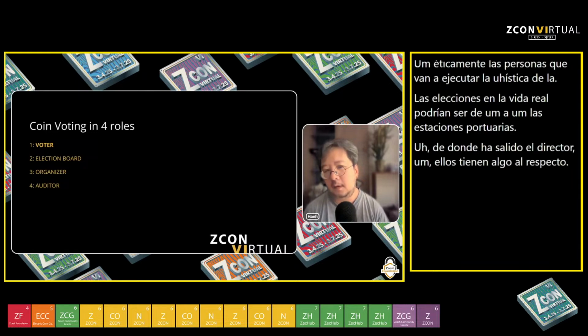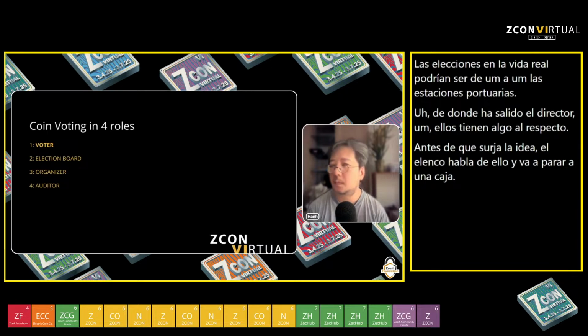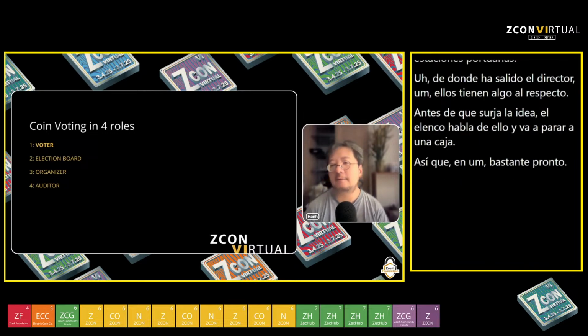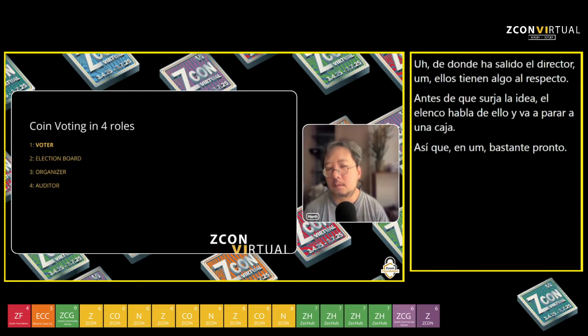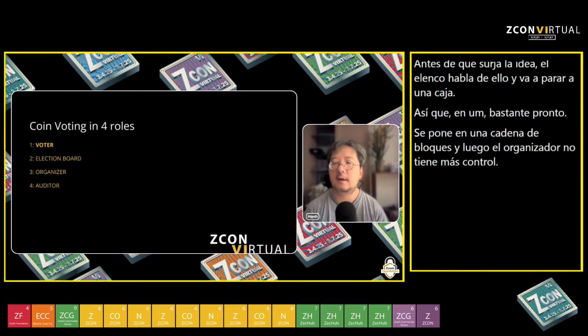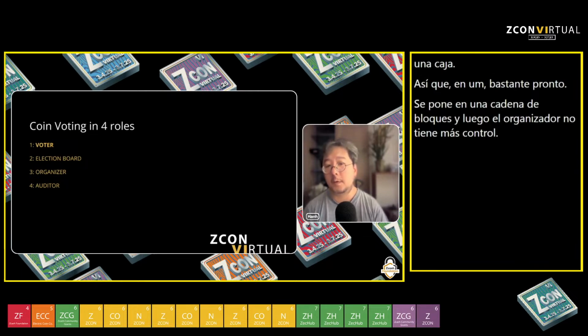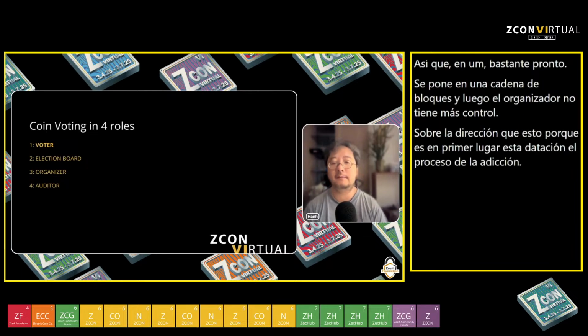So in coin voting with Zcash, pretty much the same idea here. This will be put into a blockchain, and then the organizer does not have more control over the election than the fact that it's facilitating the process of the election. You will not be able to invent, to create vote. It will not be able to suppress voting.